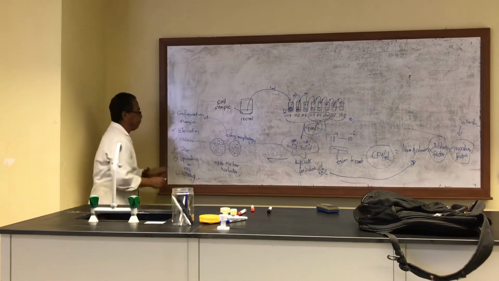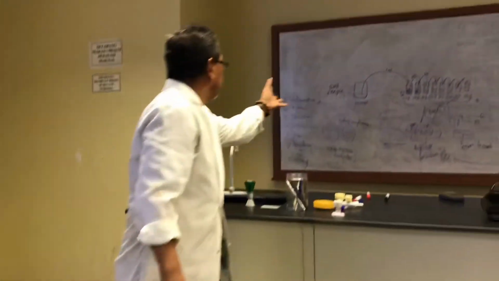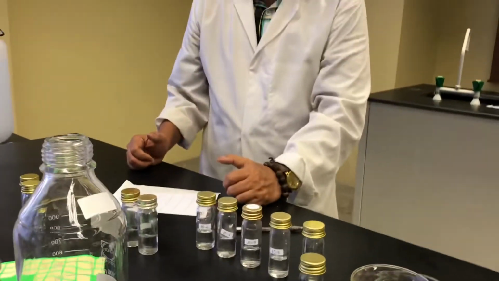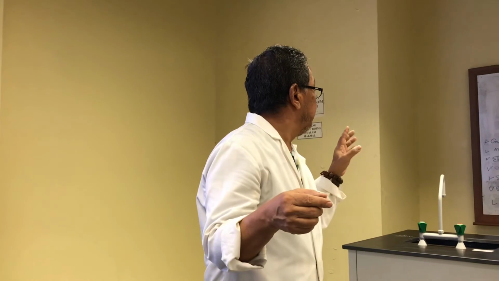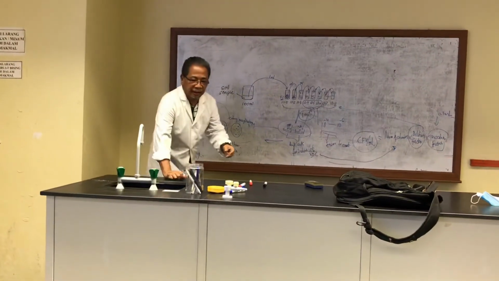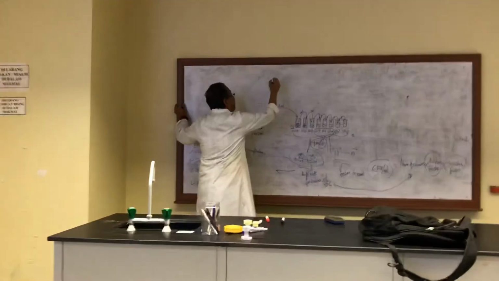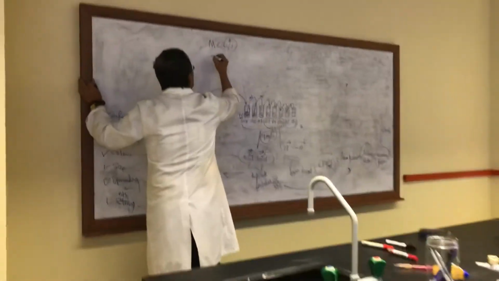So after you incubate, you can get the colony morphology. We don't do the other experiment, the cellular morphology, but I've given you the cellular morphology, and the colony morphology, and then we have tested the moisture content, and the other one is pH.